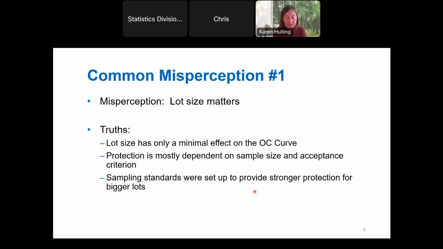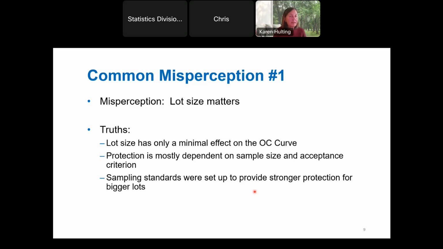Now, here's why we have this misconception: the sampling standards, or the tables that we use for acceptance sampling plans, are indexed by lot size. And the reason for that is the folks who invented those sampling standards wanted stronger protection for bigger lots.